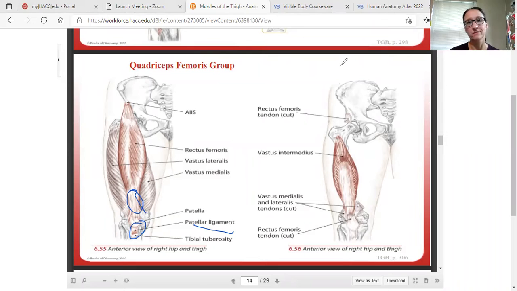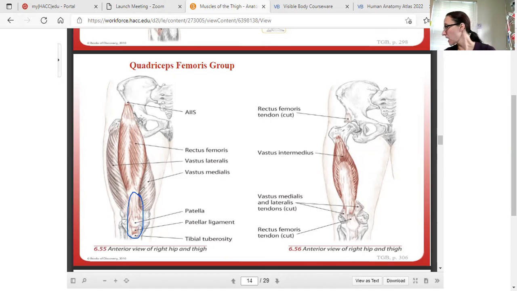But the thing about the patella is that it is a floating bone. It is embedded in the posterior part of the tendon. So actually, this whole thing is one big tendon or one long structure.